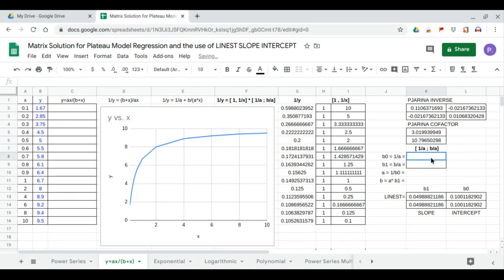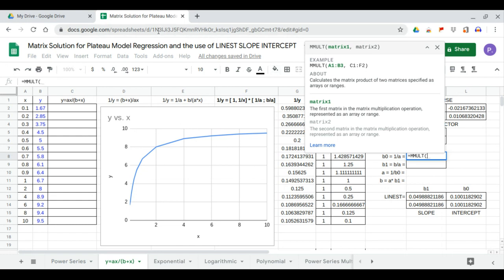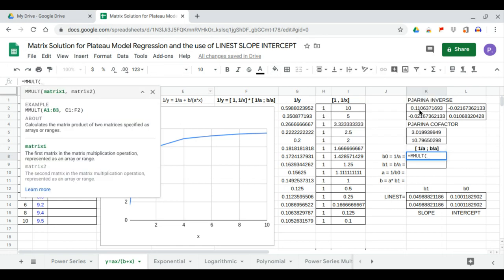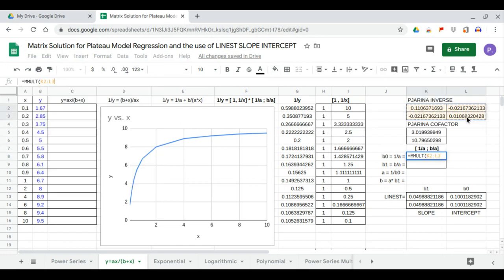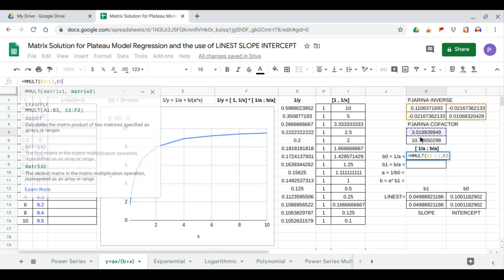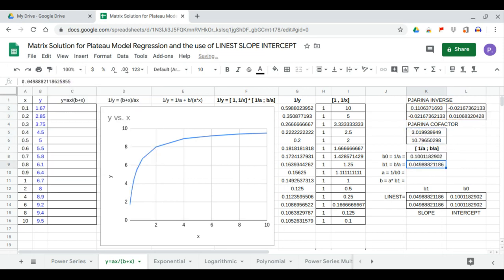Now we can calculate the coefficients b0 and b1, which is MMULT of the pseudo-inverse and the pseudo-cofactor. So we have values for b0 that match our LINEST output and intercept. b1 matches our LINEST output and slope.